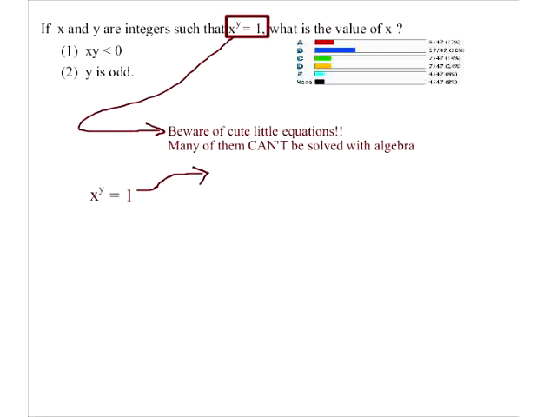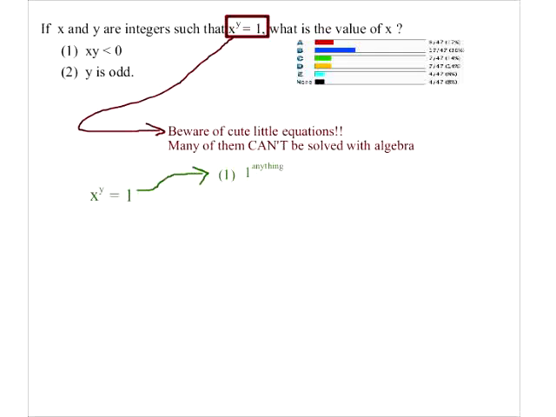Okay, if x to the y equals 1, the first possibility is that x might be 1. So 1 to the anything. You can raise 1 to any power at all and get 1.